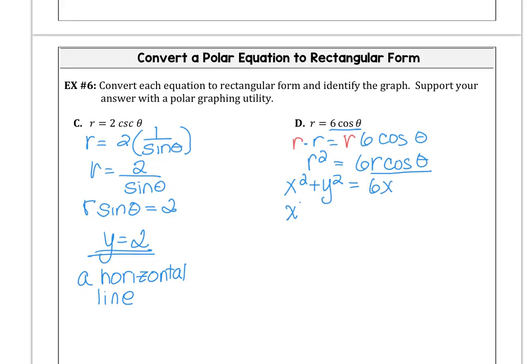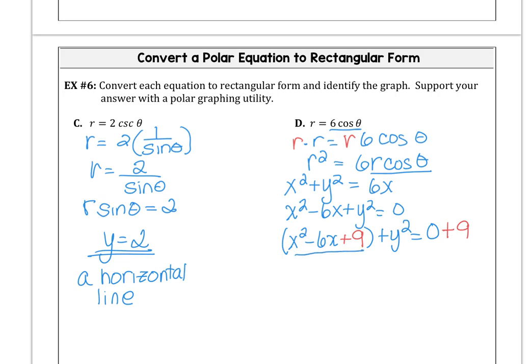If we move the x to the left, we can complete the square. And completing the square, half of 6 is 3. 3 squared is 9. I can add 9 to the left, and I can add 9 to the right. So we're keeping the equation balanced.